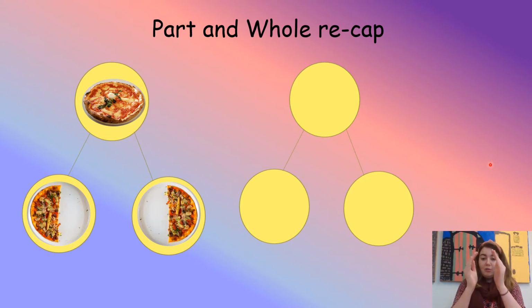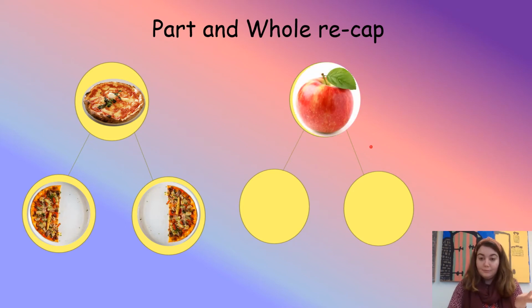So if we have a whole, we can break it up into two parts, and those two parts come together to make the whole. Okay, so here we have the whole pizza, here we have part of a pizza, and here we have another part of a pizza. Let's look at that with something else. So we might have a whole apple, and you might need to share that apple.